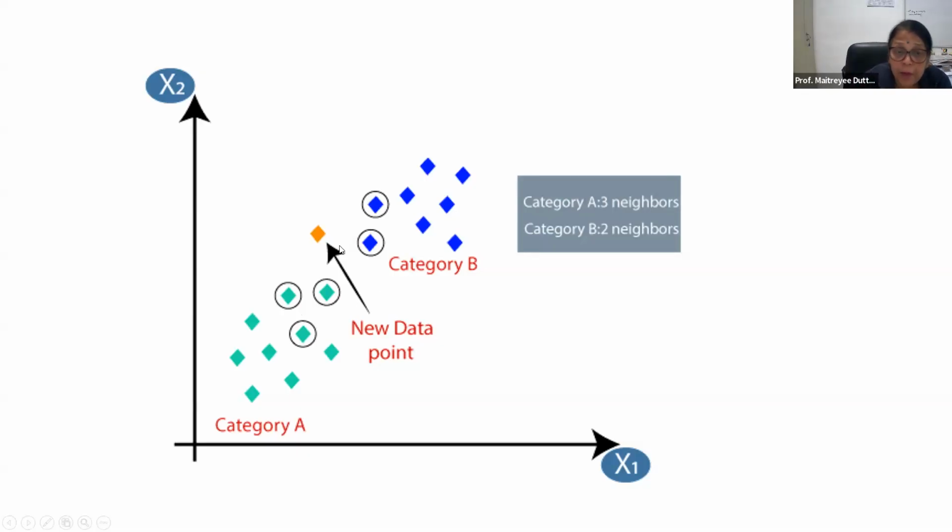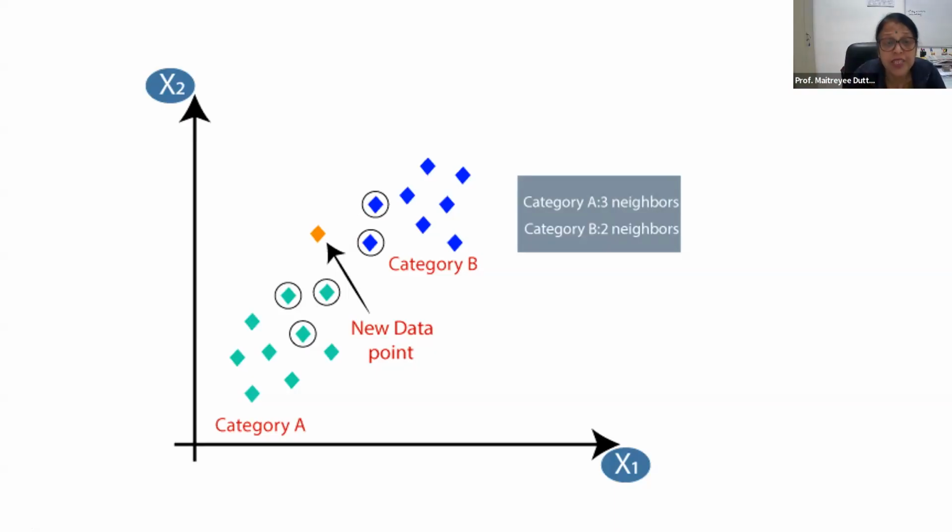If the new data point is nearby to 3 data points here and 2 data points there, I will make it a point that this new point comes to this category, that means category A. And if somewhere more points are there, it will go to category B. It will calculate the Euclidean distance, and again see the nearby points, how many points are there in different categories, and in which category more points are nearby to that new data point, that new data point will come to this category.